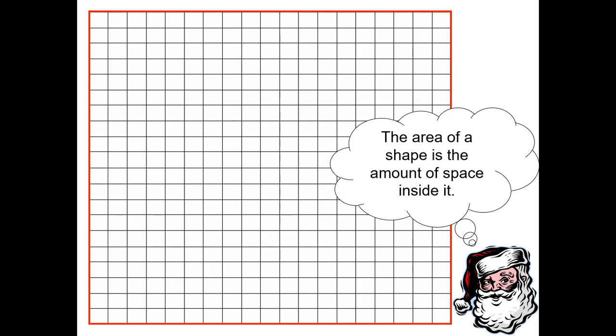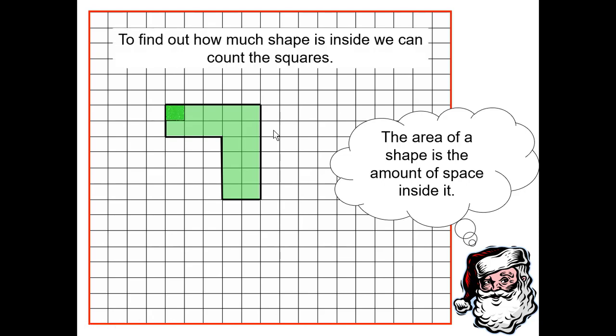So, how about area? Let's remind ourselves of what we talked about the last time. The area of a shape is the amount of space inside it. Let's take a look at this shape which looks like the letter L. If you want to know the area of this shape, you will have to know how much space it occupies in the form of squares. Take a look and see.